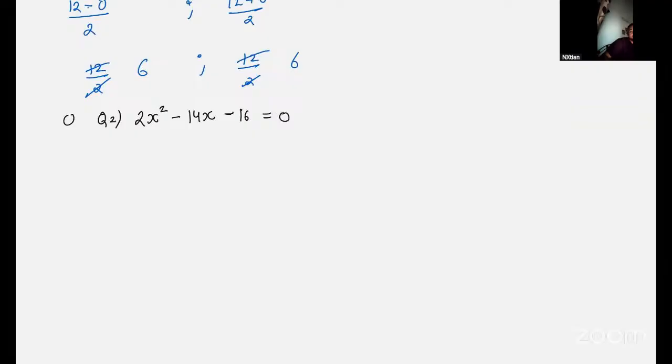Okay, you guys first find the value of b, then solve. First find the value of b, which is b square minus 4ac. So you solve it.